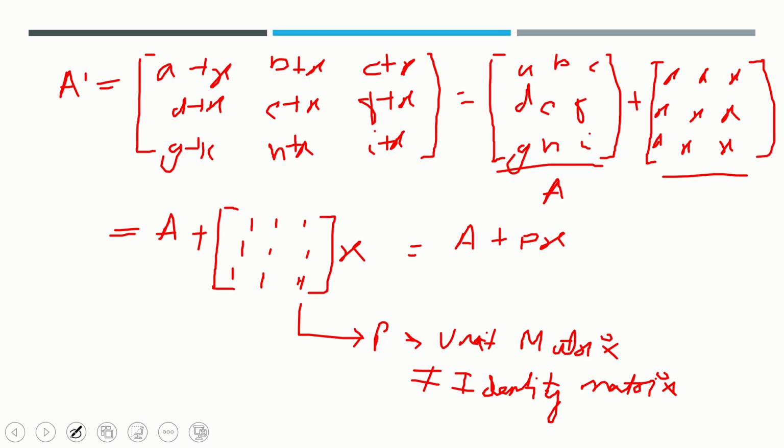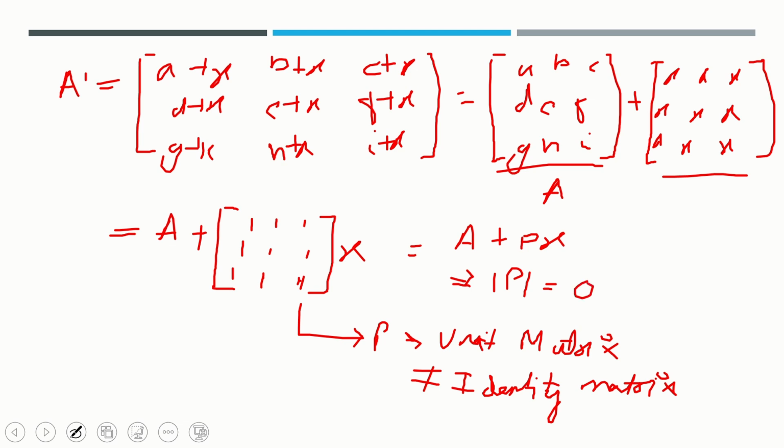Because in the identity matrix the determinant is 1. Here its determinant becomes 0. You can see one more thing, that the determinant of P is 0 here.